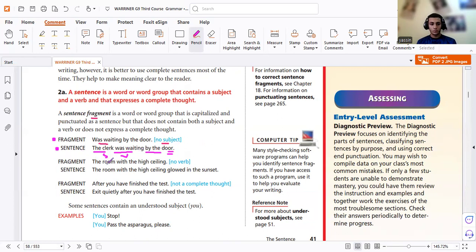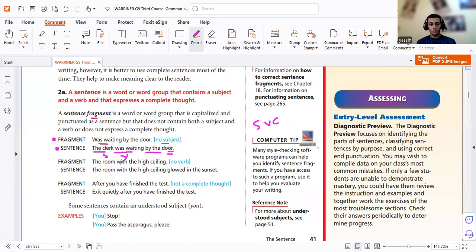Let's try again. "The room with the high ceiling." There must be a subject and verb and complements. Complements means information to complete the meaning. So you must check, does it express a complete thought or not? When I look at this part, I don't have any verb.